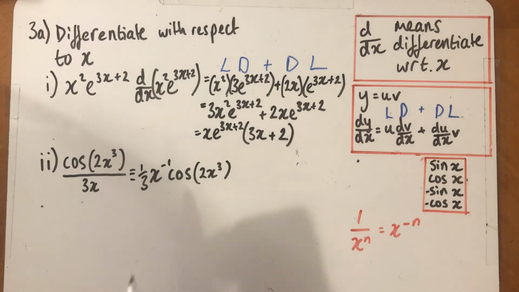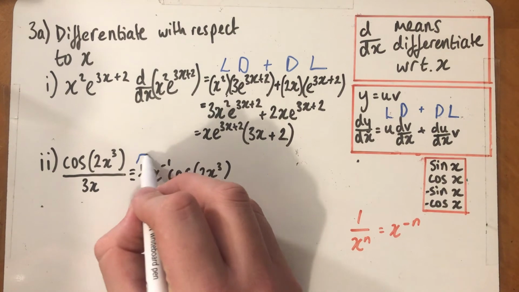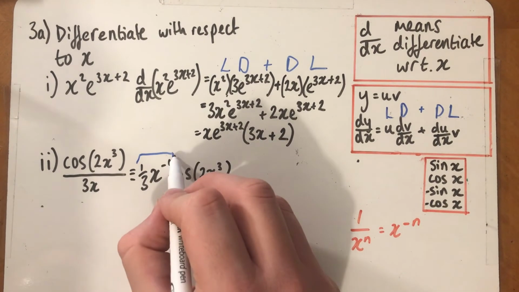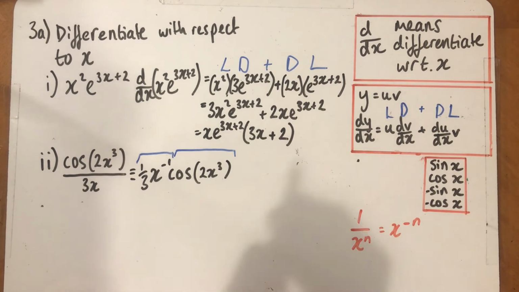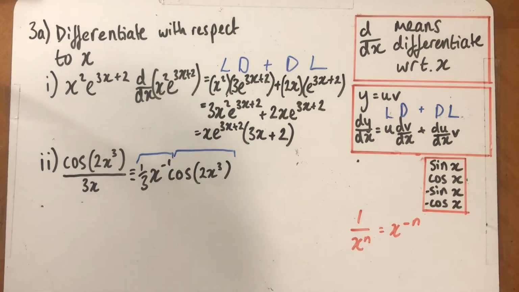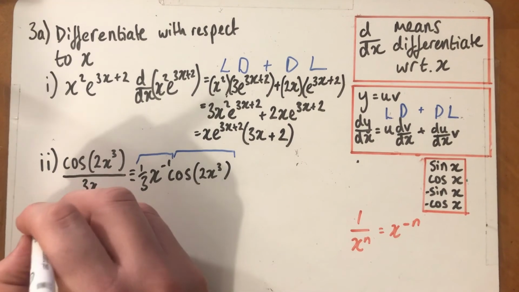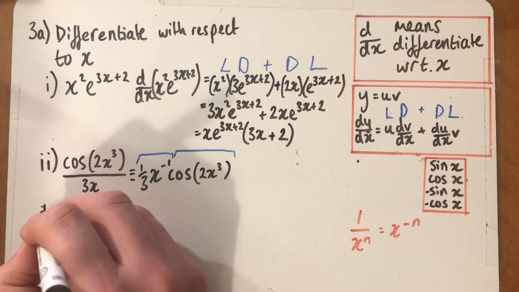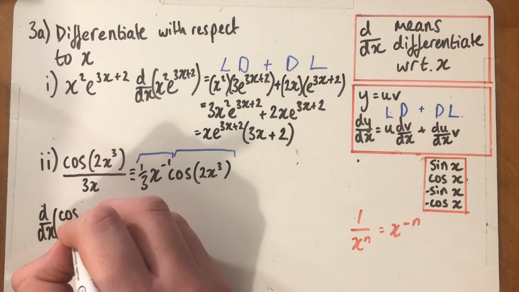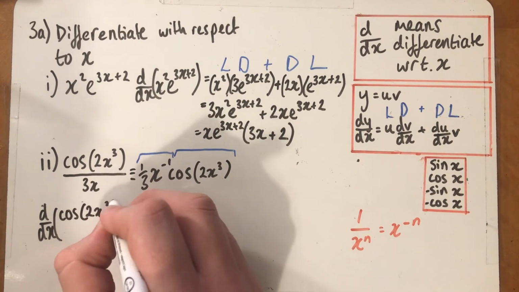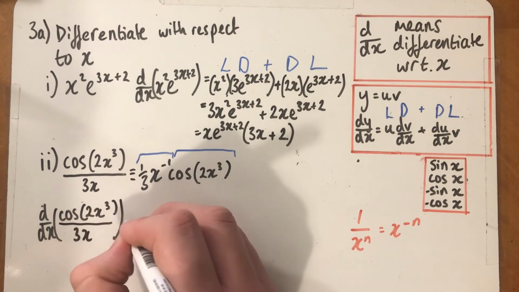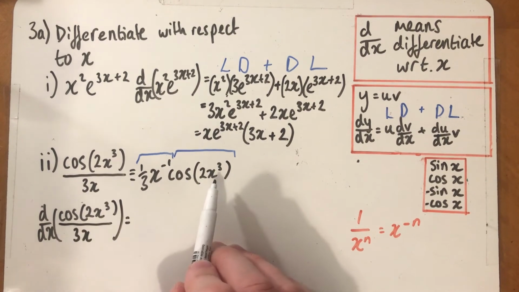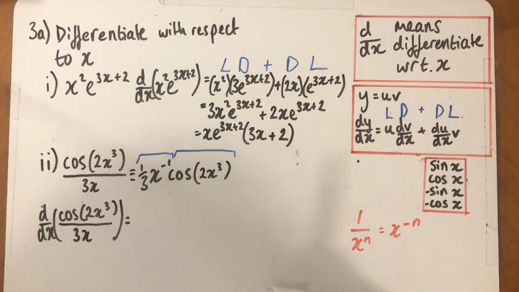Okay, so now that I have both terms here like this, we can now just apply the product rule. We have one term here and we have another term here, and they're multiplied together, so we can just use a product rule. Okay, so d by dx of cos 2x cubed over 3x just equals the differential of this using the product rule, because these two expressions are identical to one another.